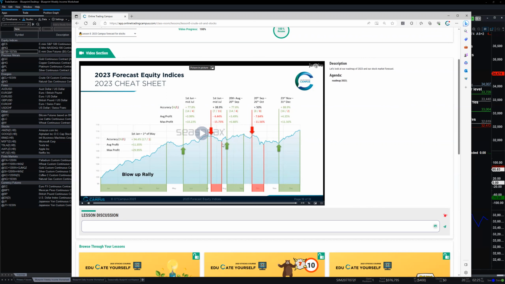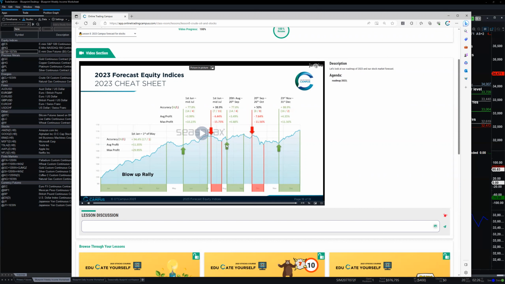So we can be bullish starting from mid-July, because mid-July is where this ends. From mid-July all the way until the end of September, specifically very powerful is going to be 20th of August to 20th of September.